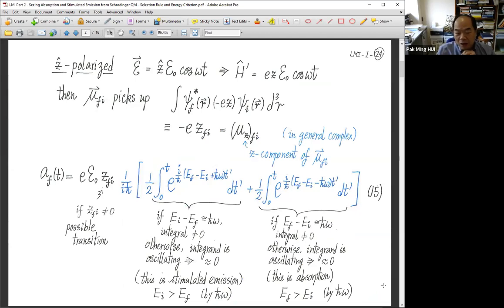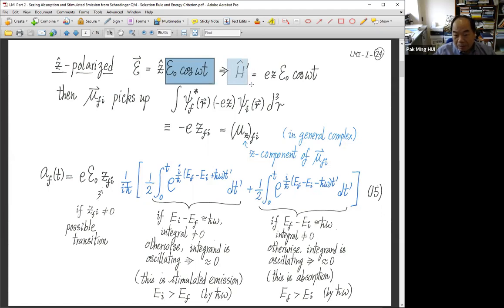So let's be very concrete. For example, from now on, the spatial part, we just write it in a shorthand notation. In particular, let's make the case simpler by considering linearly polarized light in the Z direction. So the E field becomes polarized in the Z direction with an amplitude and a time oscillating behavior.